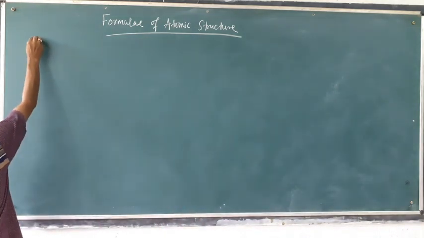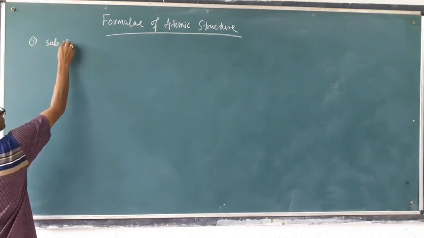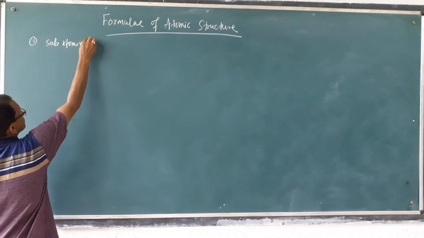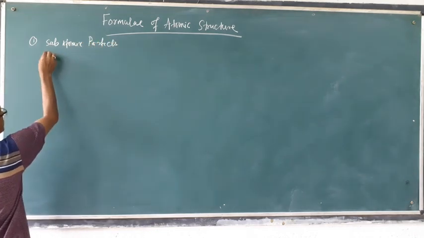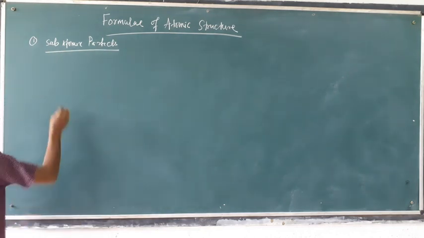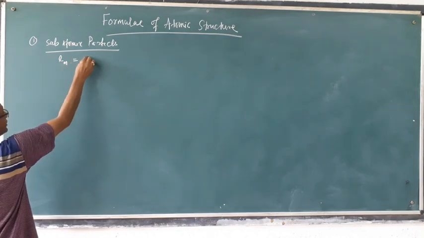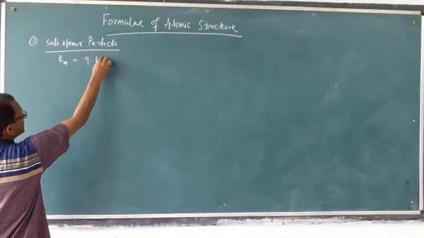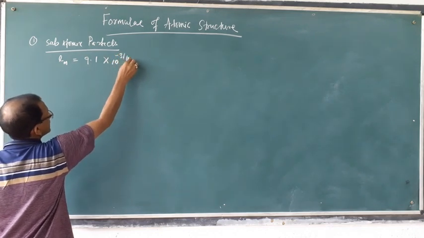regarding subatomic particles. Subatomic particles regarding electron. Mass of electron, Em, is equal to 9.1 into 10 to the power minus 31 kg.